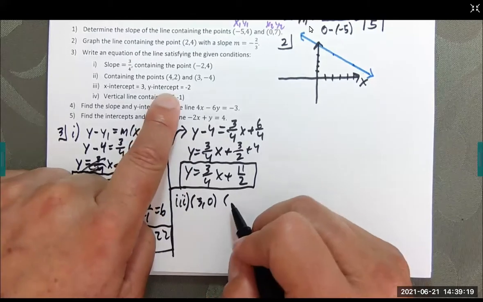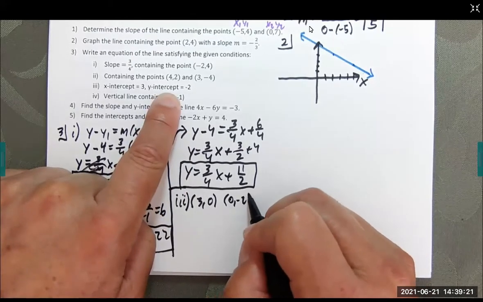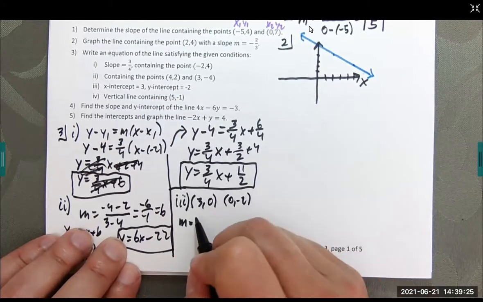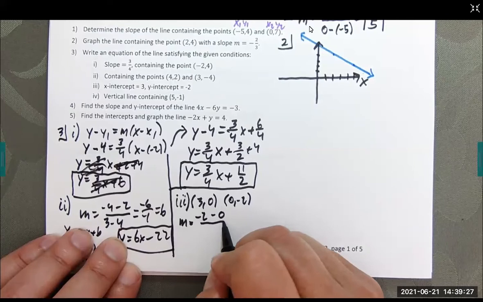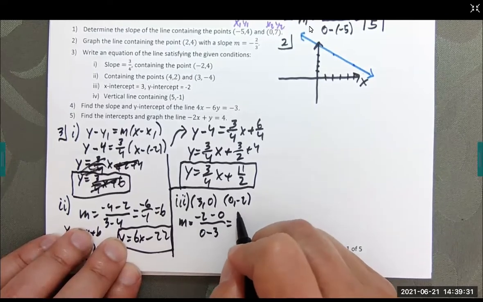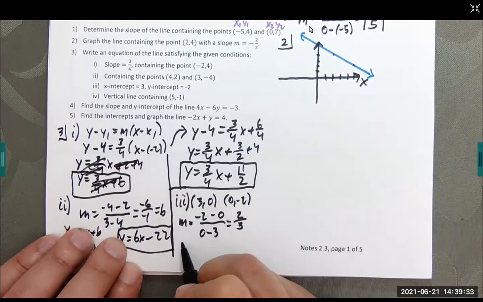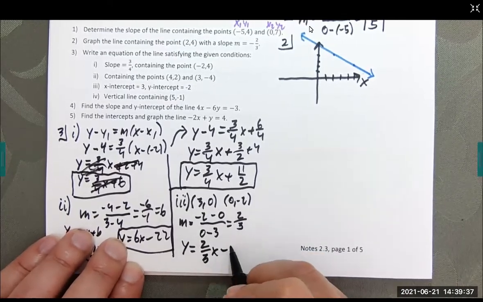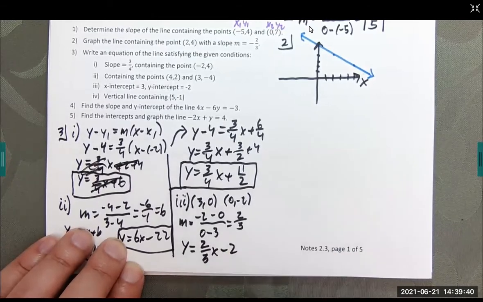Y-intercept is -2, so 0, -2. So all I need really is the slope. Equals -2 minus 0 over 0 minus 3. That's going to be a positive 2/3, it looks like. So y equals 2/3 x minus 2. This is my b, this is my y-intercept.